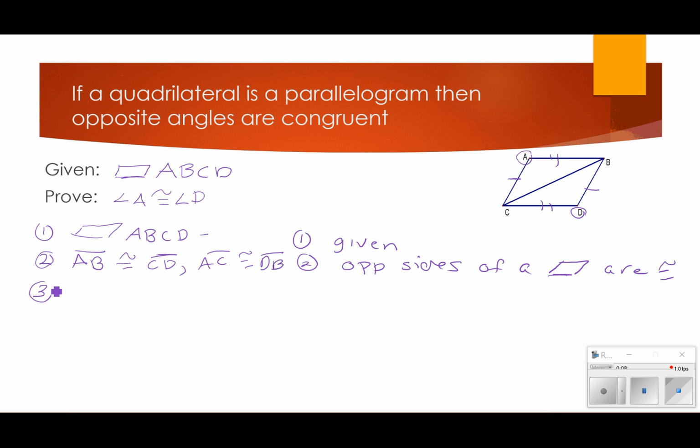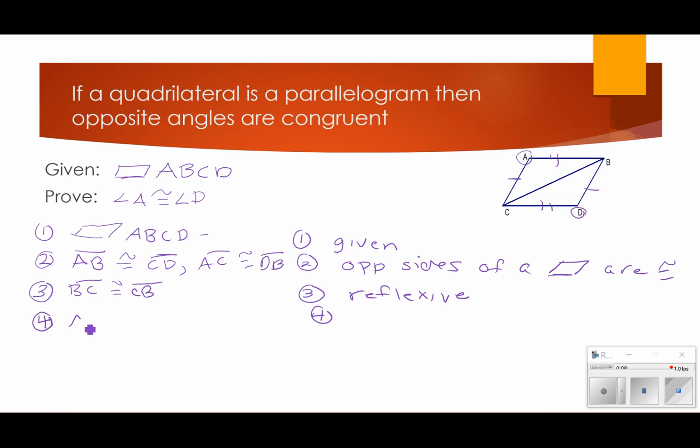Okay. I can then say that BC is congruent to CB, and that would be by reflexive. All right. And then we can say that our triangles are congruent.